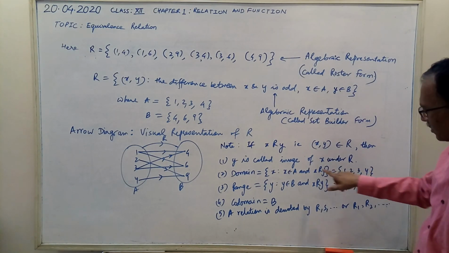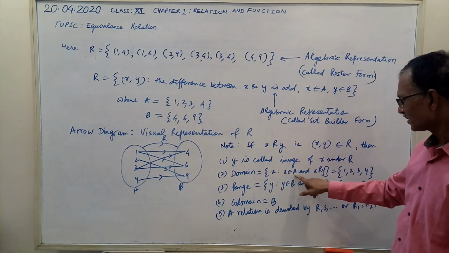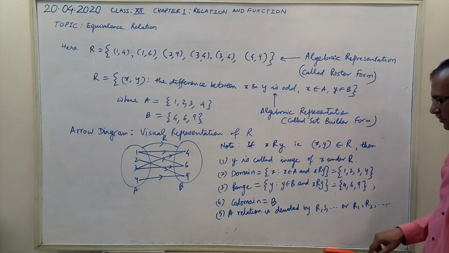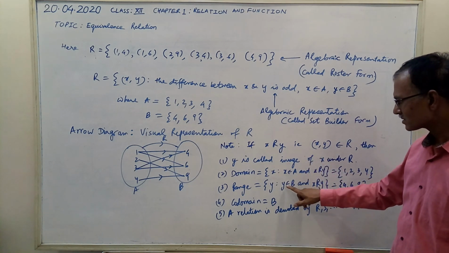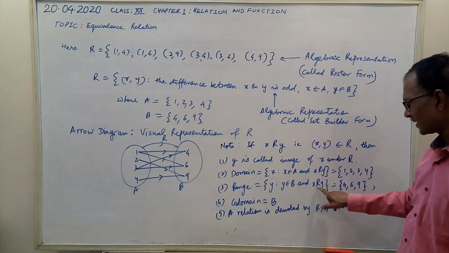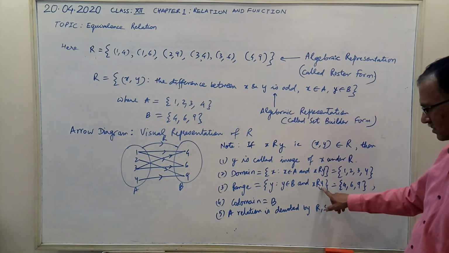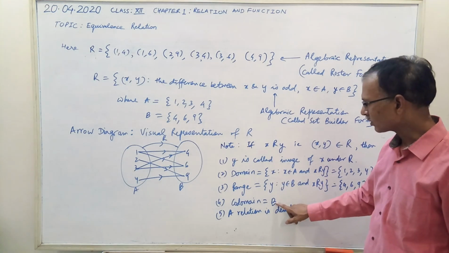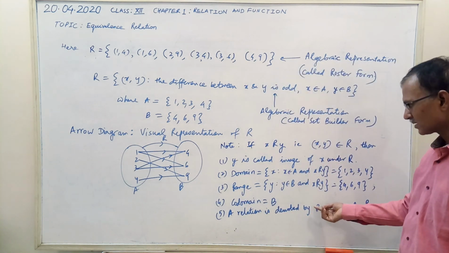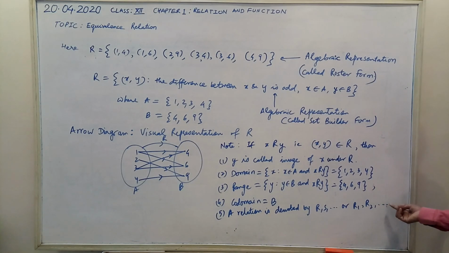So in general, domain is x such that x belongs to A, where x is related to y, and y is coming from set B. Similarly, range is the second element y, which is coming from B, where x is related to y. y is also called the image of x. Codomain is always fixed, it is set B. And generally, relations are denoted by R, S, etc., or R1, R2, etc.